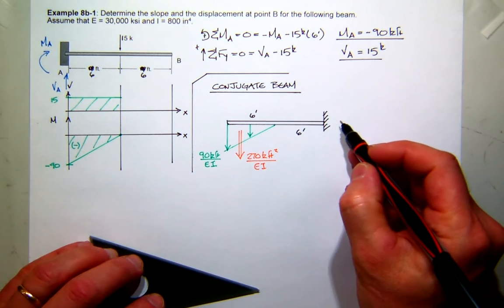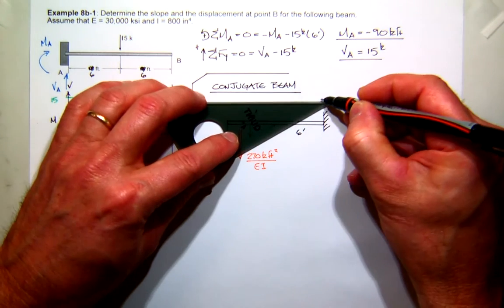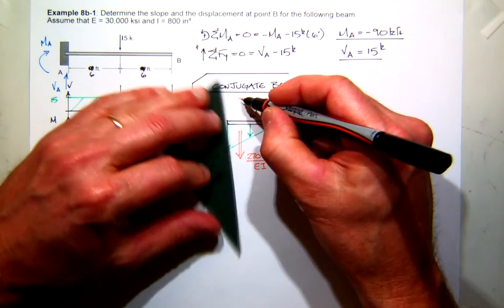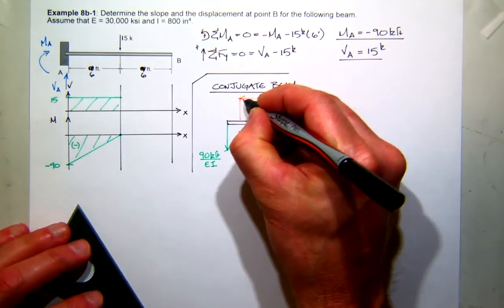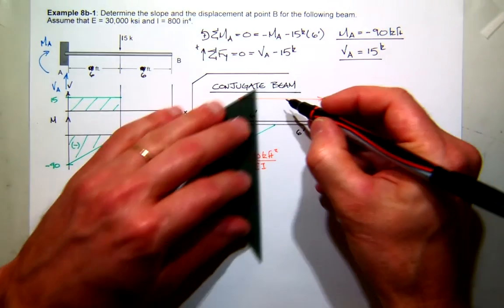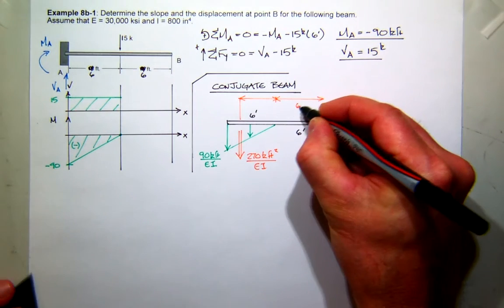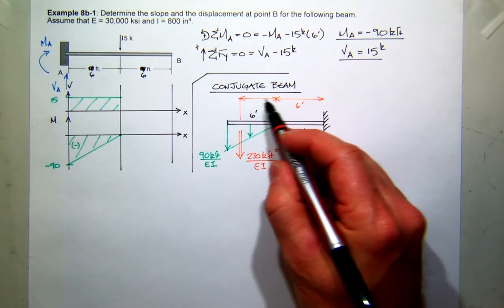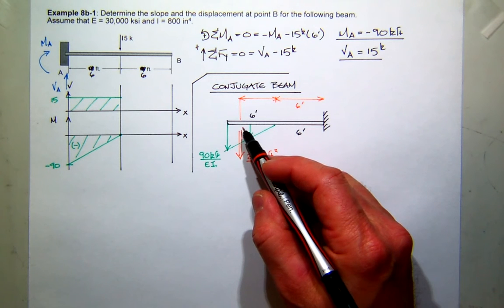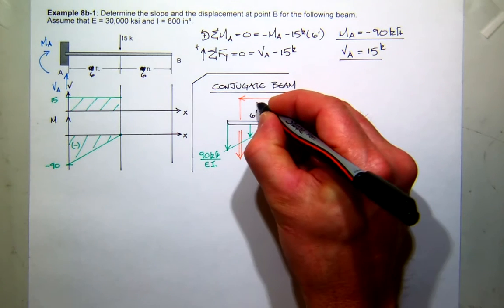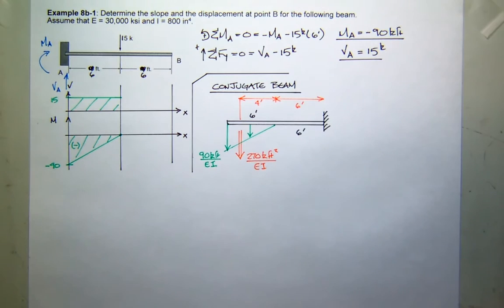Now I'm going to sum moments about this end here, so I want this distance. What is that distance? Well, I know this much of it is 6 feet. And what's this part? Well, it's 2/3 of the base, which will be what? 4. So it'll give me a total moment arm of 10 feet.